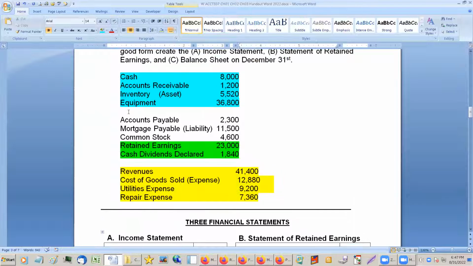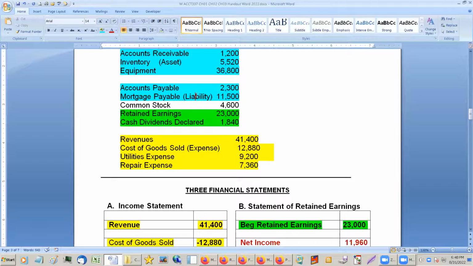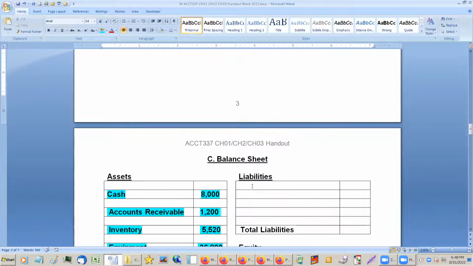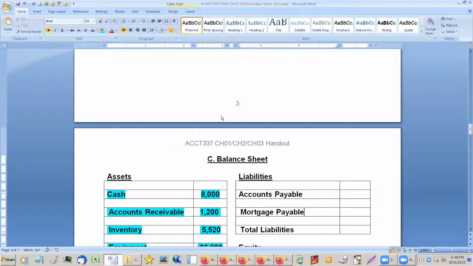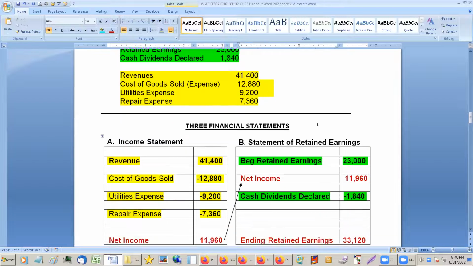So this other side will explain how we got it. Accounts payable, mortgage payable.